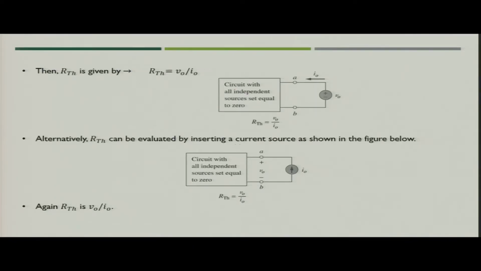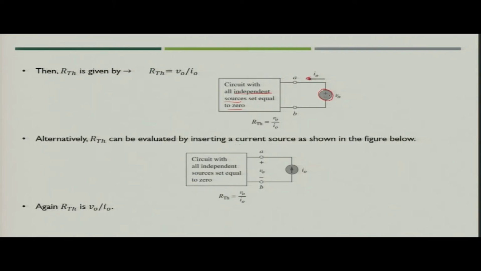Here the circuit with all independent sources equal to 0 is present and the dependent sources are also available. In that case you cannot simply measure the equivalent resistance directly; you have to apply one voltage V naught across the terminals AB and measure the value of the current I naught.